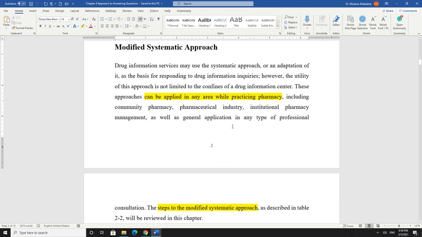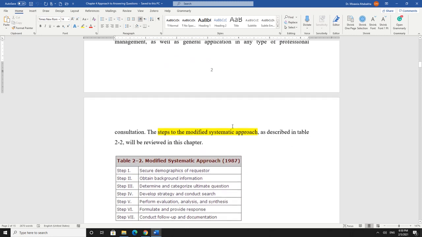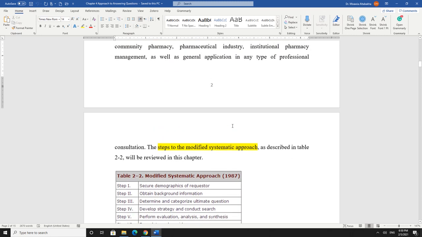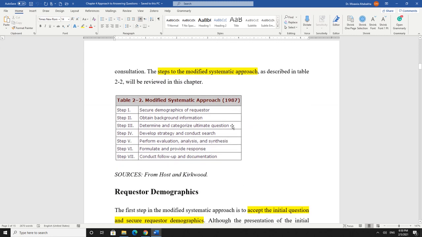So what are these steps, modified from Watanabe et al.? You will see that it consists of 7 steps.